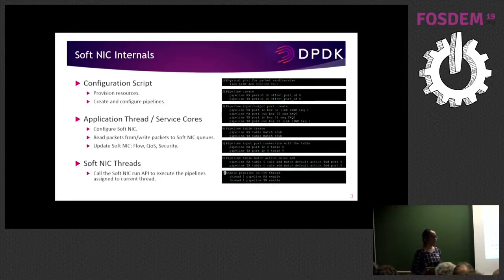Then the next step is starting the created SoftNIC device. The start is the step where the actual magic starts, where it loads the firmware script that the application had defined to do a certain job.